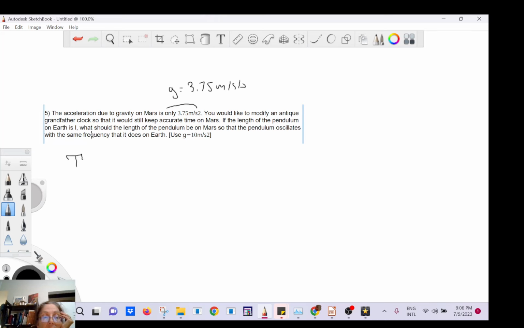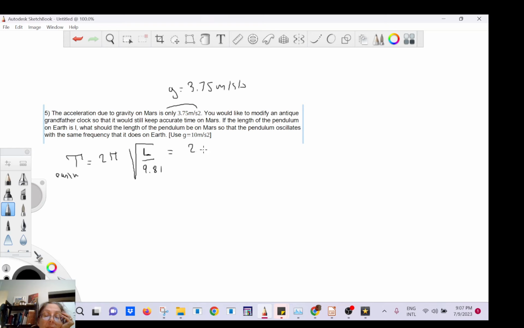So same frequency means the same period, right? So on Earth, we have 2 pi square root of L over 9.81.